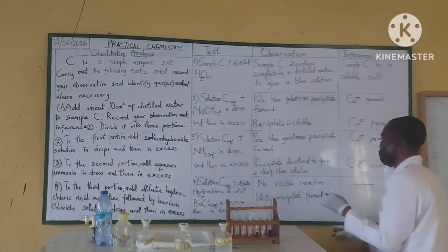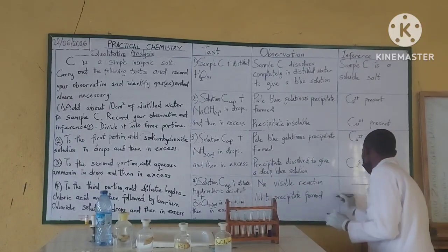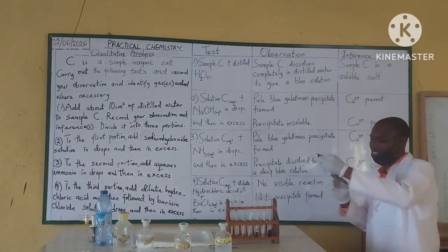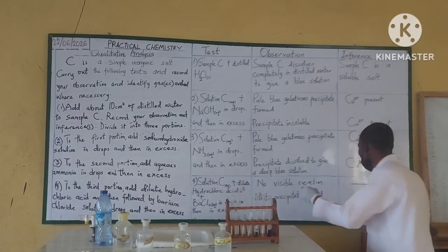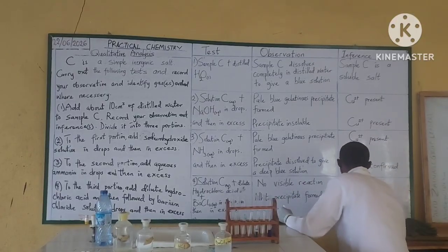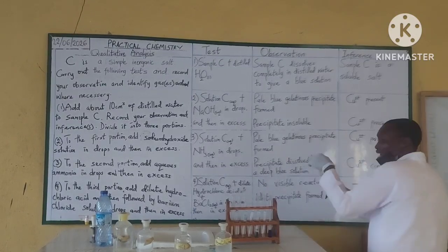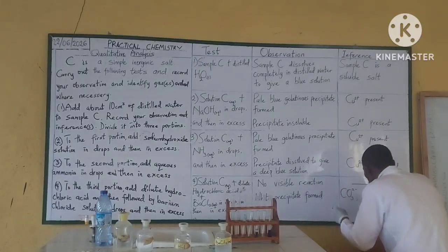That is in drops. Then what are the anions that are likely present in this drop form? We can have CO3 2-.